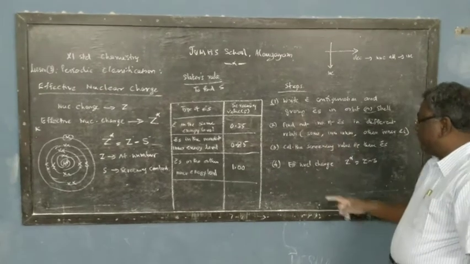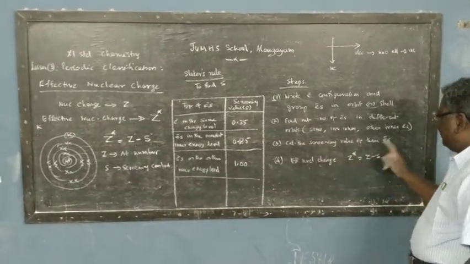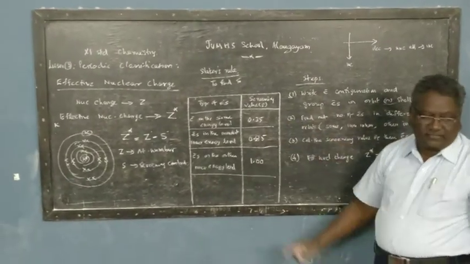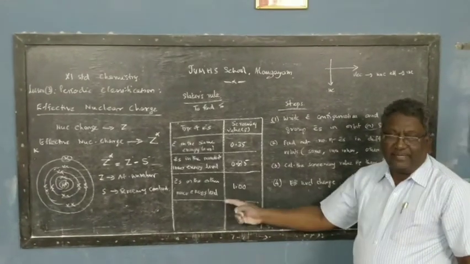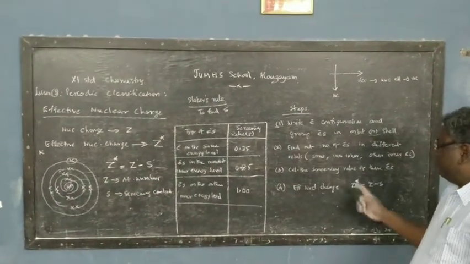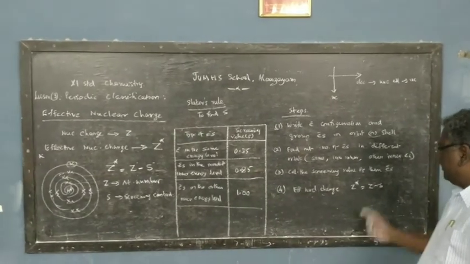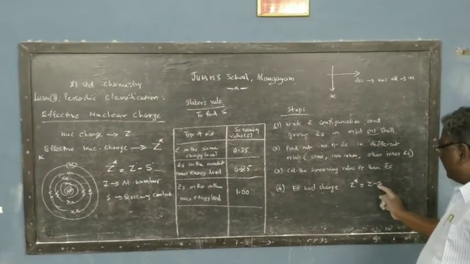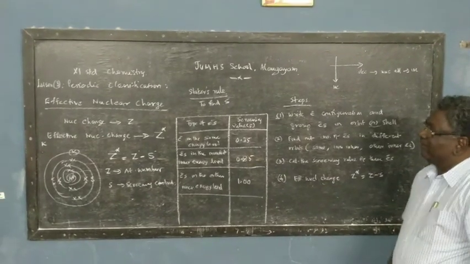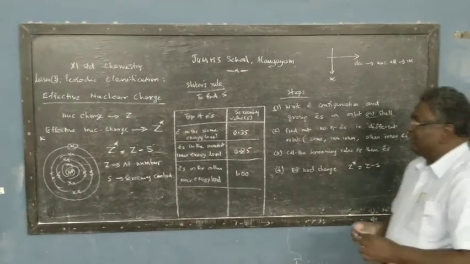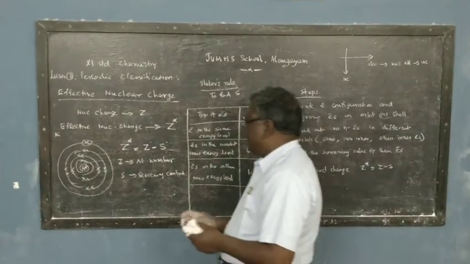Then calculate the screening value according to these three values. So using these three values, you can calculate the value of the screening constant. Then substitute that S value in this equation and get the value for Z star. So this is how effective nuclear charge is found, right?